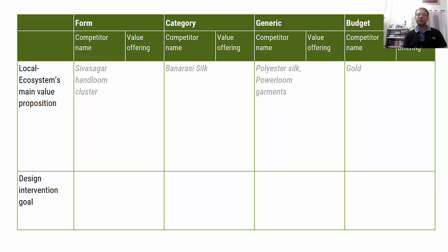Another cluster could be a competitor in terms of category. Another type of silk could be a competitor to this silk. In terms of generic competition, there are other forms of garments, materials that may be competitor to the silk. And finally, in terms of budget, there could be another type of a competitor. The second row in this one is defining our design intervention and what could be the competitors of that.